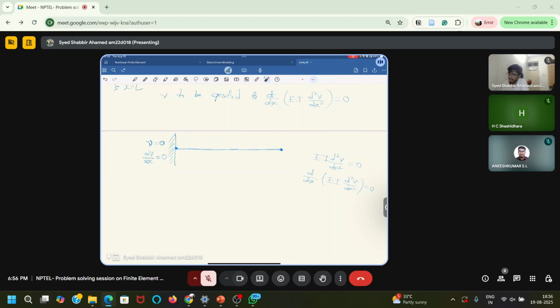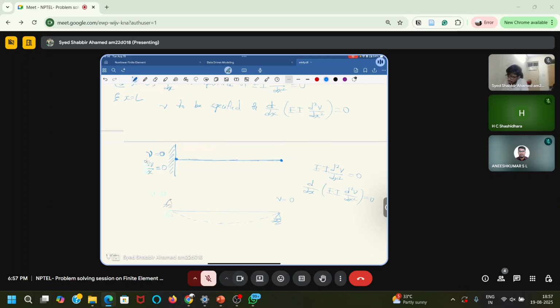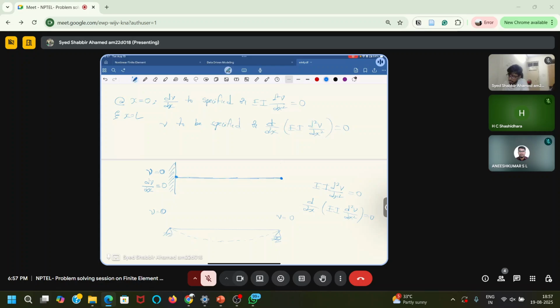Suppose, instead of this, we have a simply supported beam, something like this, so it will bend like this. In the simply supported beam, we can take v equal to 0 at this point, and also v equal to 0 at this point. Now that v is specified, I cannot say that shear force is 0 here.